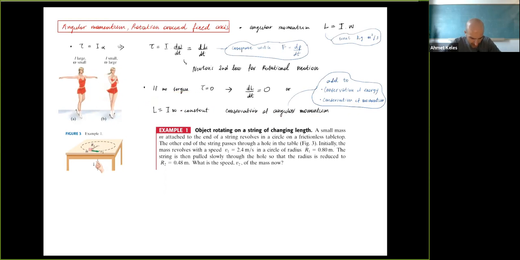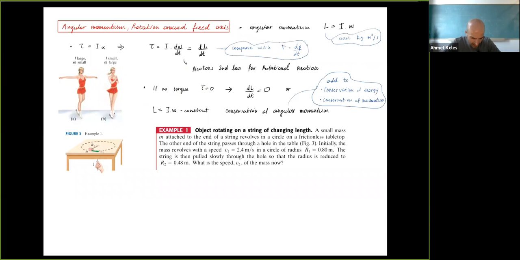Here's an example. If you have ever seen skaters on TV, they have this trick. Initially, they start with their arms open, and they have some angular velocity, and then at some point they close their arms to their bodies, and you see them spinning a little faster. We can explain this with conservation of angular momentum.